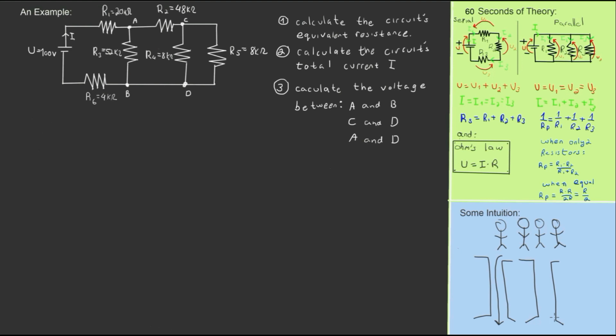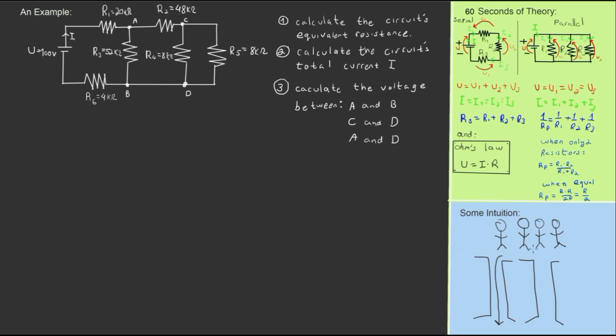Now, imagine what happens if I add yet another similar corridor in parallel to the original one. What would happen to the group of students? Would it be easier or harder for them to move through the 2 corridors now? Well, if you think about it, it would be easier, right? Because they would now have the option to choose between the 2 corridors.